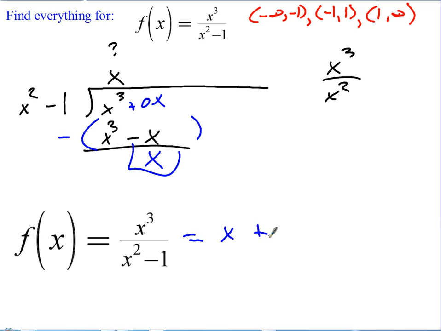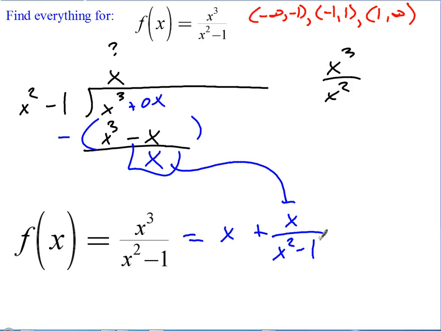My remainder is what remains in the numerator. That's what remainder means. So I get x plus x over x squared minus 1, right? You see that? Okay, so those are literally equal to each other. The original function, when divided out, is equal to this.